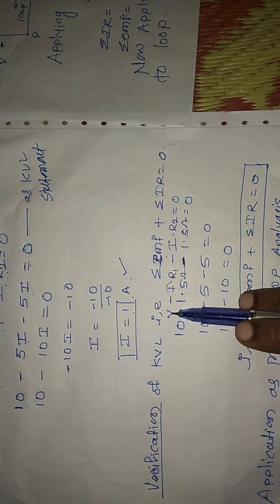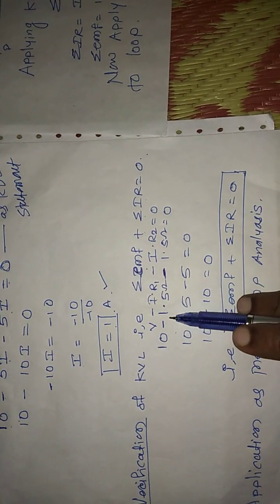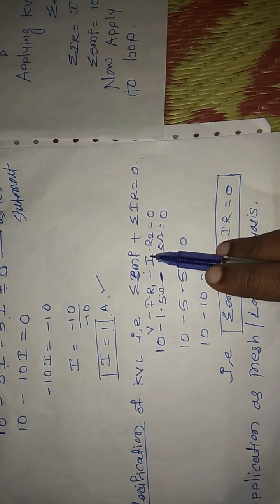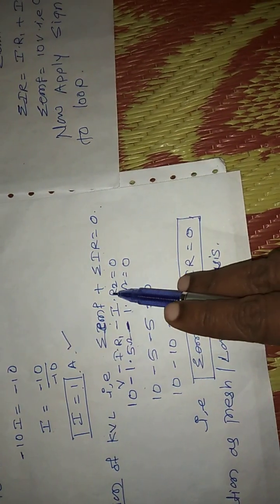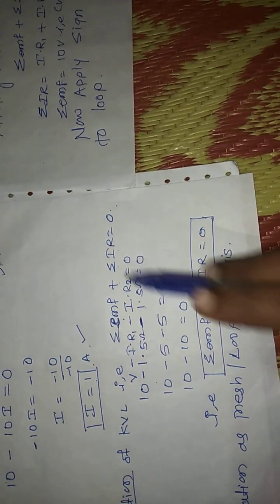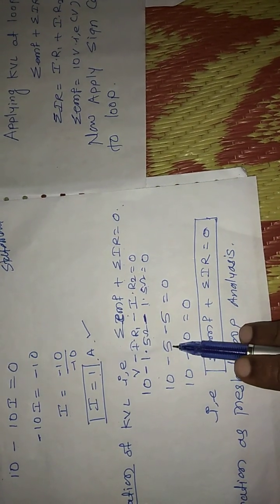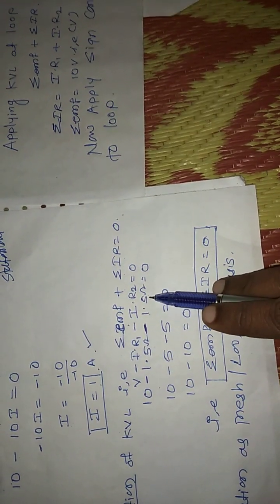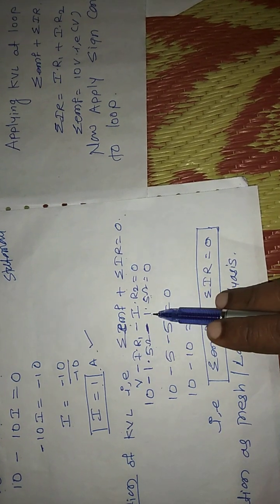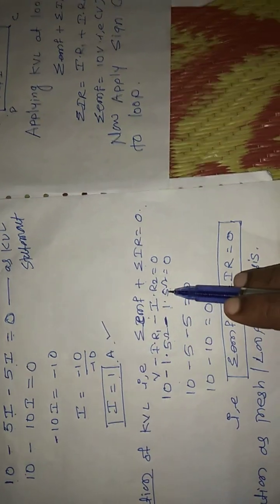Put the value: V is equal to 10, minus 1 into 5 ohm, minus this current I is equal to 1 into 5 ohm. Now put the value of each. The current will be 1 ampere. Hence 1 into 5 is minus 5. 1 into the other resistor R2 is 5 ohm. The current value is the same, 1 ampere we have calculated. That is minus 5, is equal to 0. That is 10 minus 10 is equal to 0.